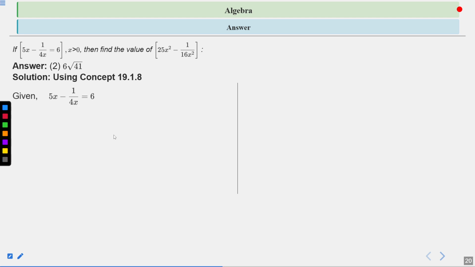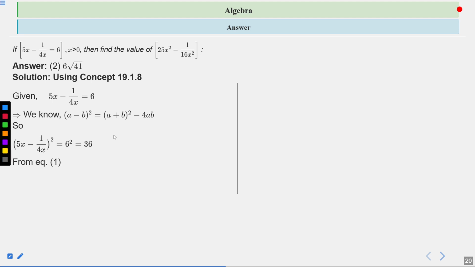Given that 5x minus 1 upon 4x equals 6. We know that a minus b whole square equals a plus b whole square minus 4ab, so we can write it. When we square the equation 5x minus 1 upon 4x, we get 6 square, which becomes 36.